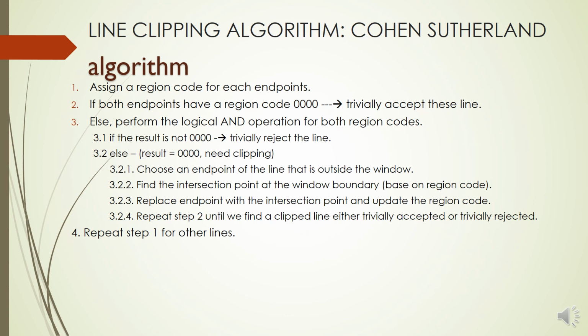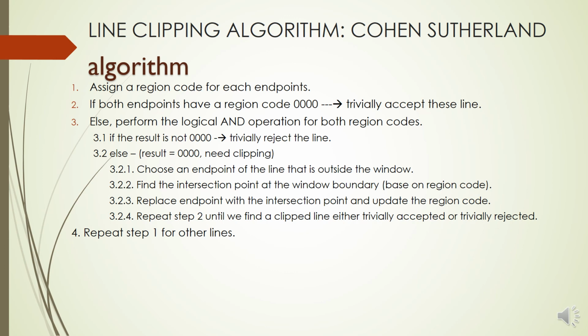After going through some basic overview of Cohen-Sutherland line clipping and the example we learned in the previous slide, let us understand this line clipping algorithm by the algorithm itself. The first step is to assign a region code for each endpoint.